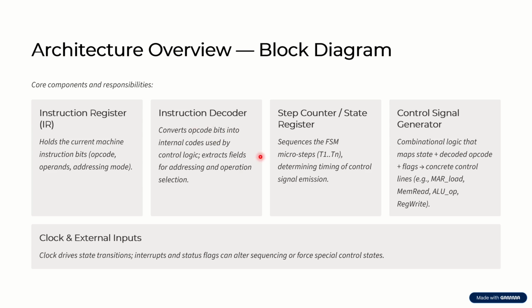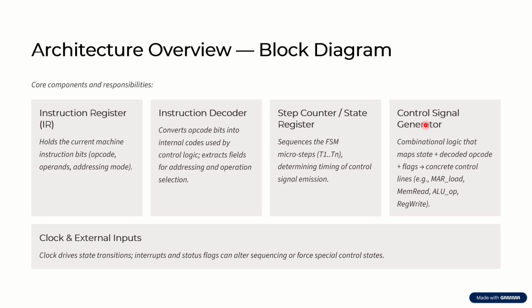It converts opcode bits into internal codes used by control logic and extracts fields for addressing and operation selection. The next element is the step counter, or state register. It sequences the FSM macro steps from T1 to T2 to Tn, etc., determining the timing of control signal emission.